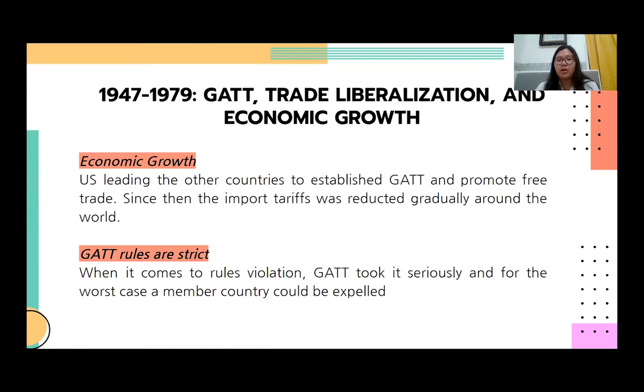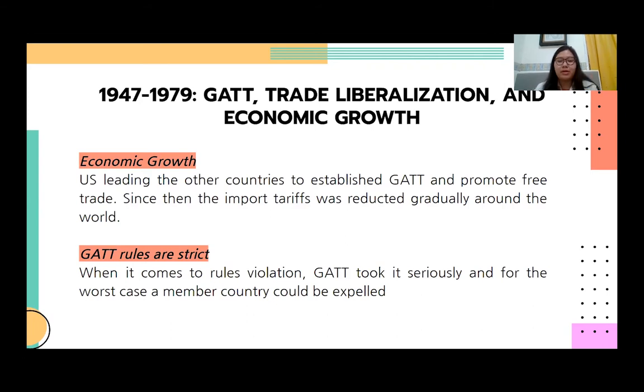Through these 8 rounds, GATT tried to reduce the world's import tariffs gradually. In the last round in Uruguay, they negotiated a mutual tariff reduction among all members, who then committed themselves not to raise import tariffs above the negotiated rate.